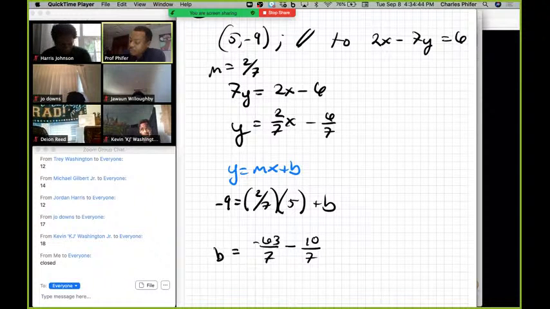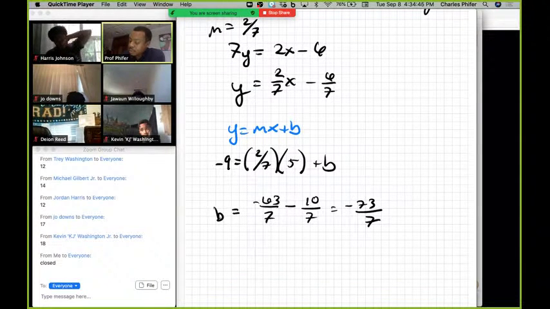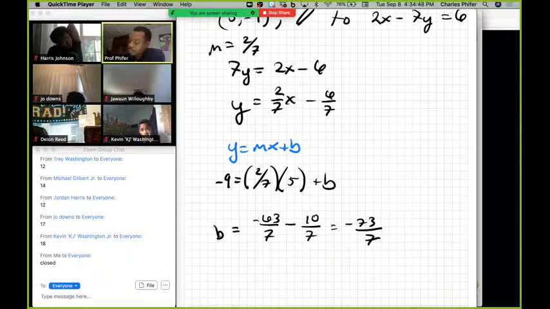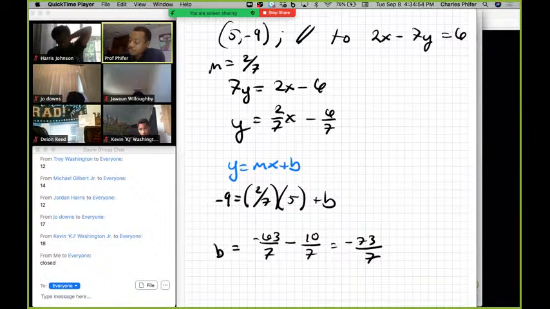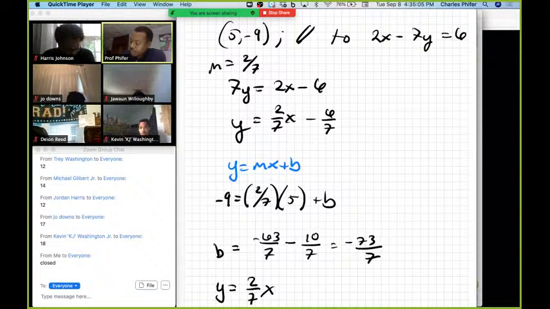Hopefully we didn't make any mistakes. These numbers are looking... So that's like 10 and 3/7. So then the equation of the line is going to be y equals 2/7 x minus 73 by 7. Ooh.